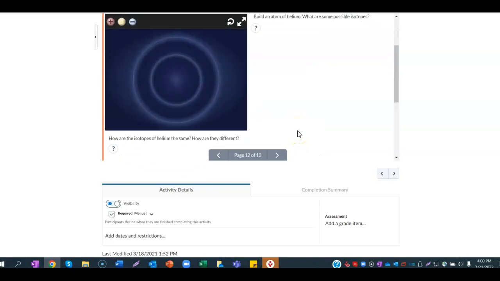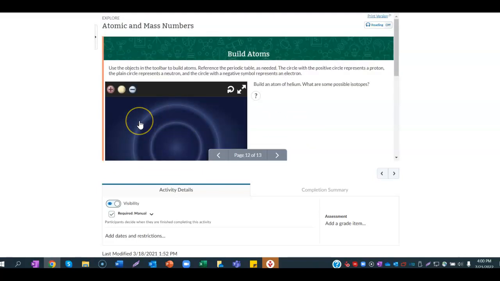But before that, it says use the objects in the toolbar to build atoms. Reference the periodic table as needed. The circle with the positive symbol is a proton, the plain circle is a neutron, and the circle with a negative symbol represents an electron. Now it says build an atom of helium, and what are some possible isotopes.